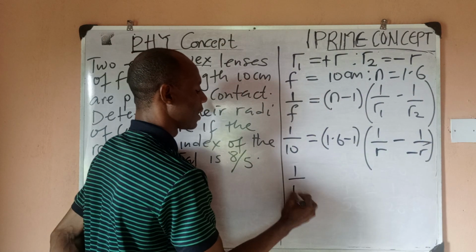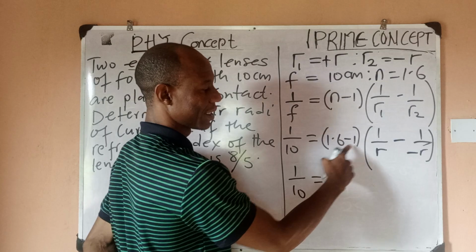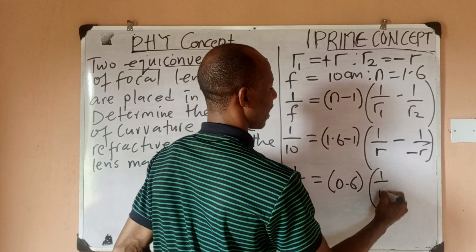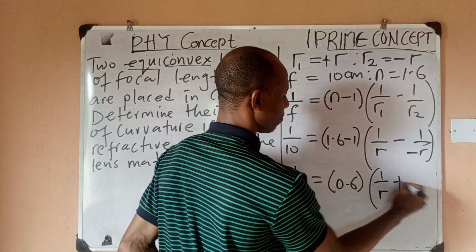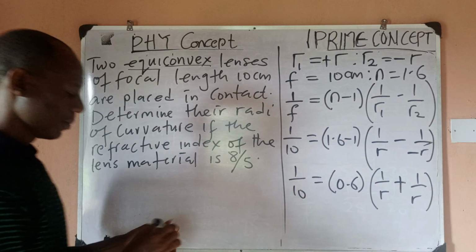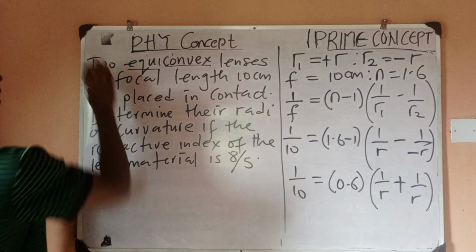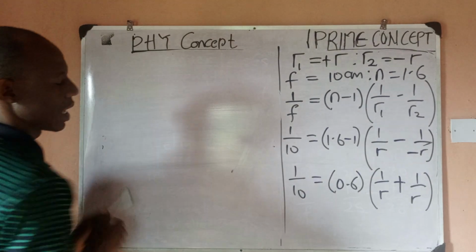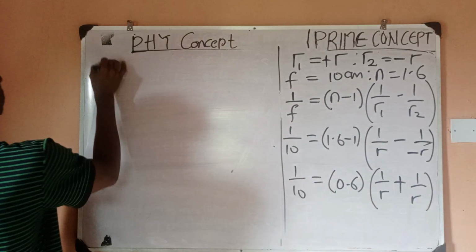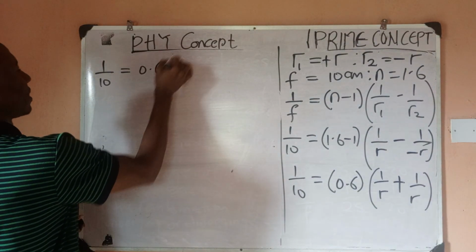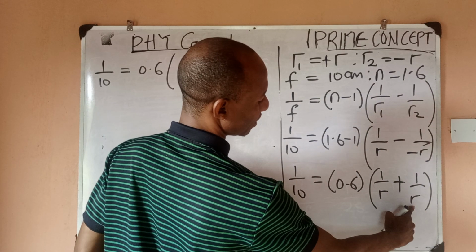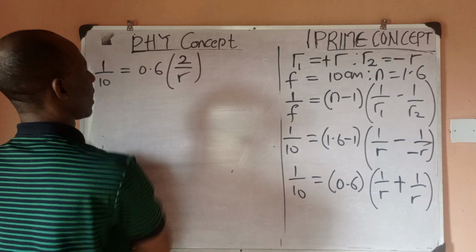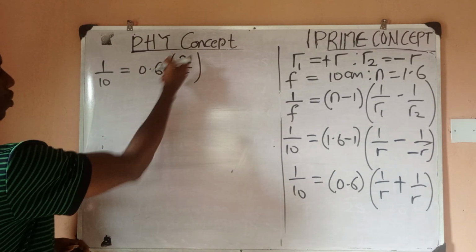So I have 1 by 10 equals 1.6 minus 1, which gives me 0.6, into 1 by R, minus times minus becomes plus, 1 by R. So if I add up, 1 by 10 equals 0.6 into, now since your R is the same, you just add up their numerators, 1 plus 1, which is 2 divided by R. Remember, I'm trying to find R, so I'm going to cross multiply.